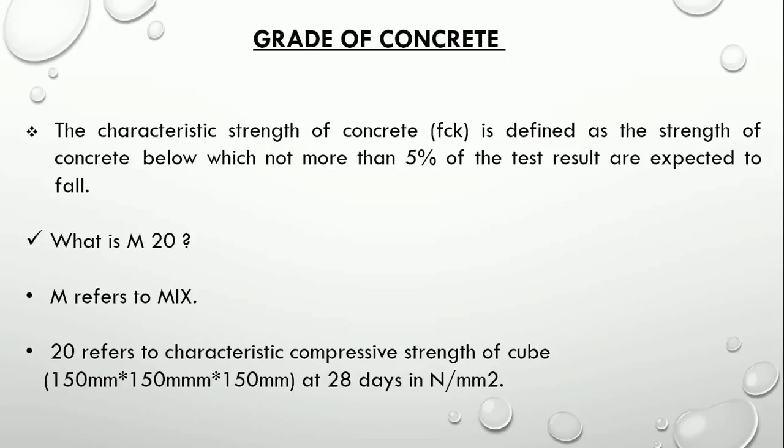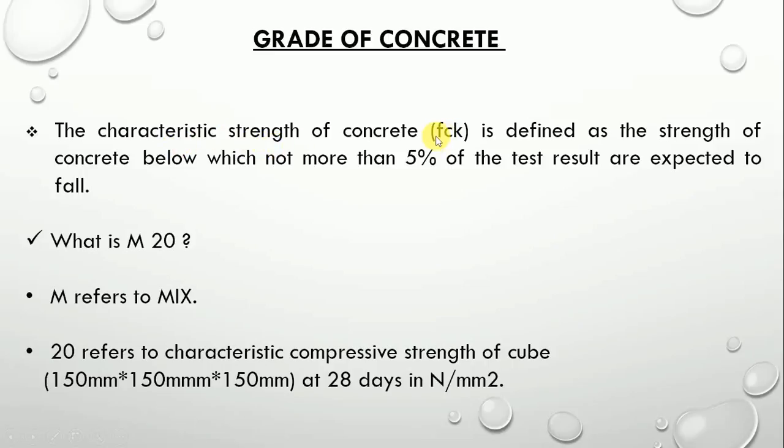So what is grade of concrete? That we will see. Now guys, we see these notations, M20, M25, M30, M35, M40, etc. What does this mean? Let me explain first, before going to grade, what is characteristic strength of concrete, that is fck.